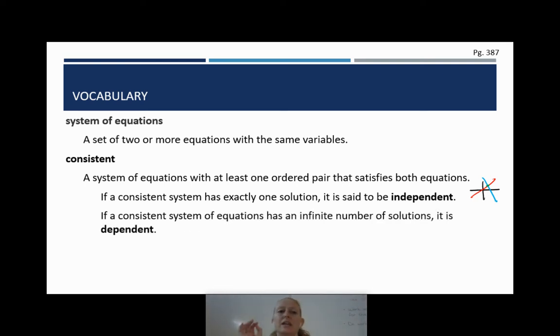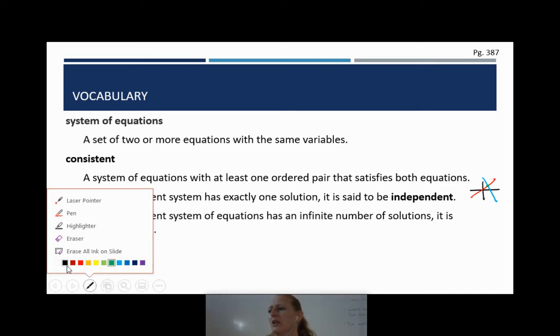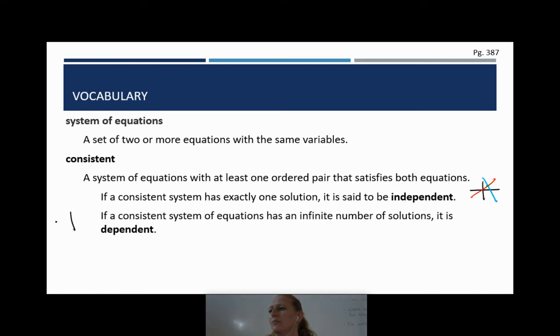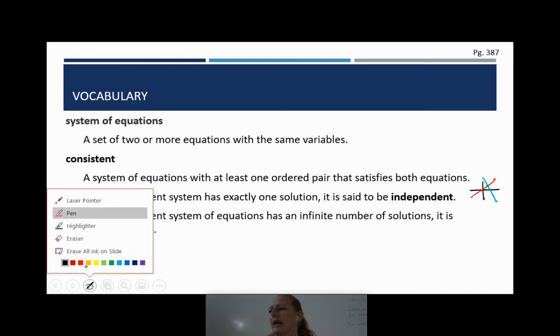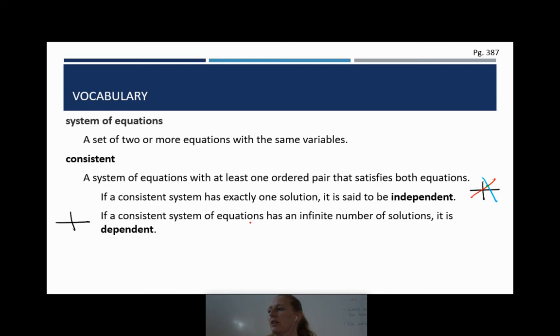However, if a consistent system of equations has an infinite number of solutions, we say that it is dependent. So we get a different situation going on there. Let me draw and show you what I'm thinking. If I have two equations and I graph one of them, and then I graph the other one and whoa, it's right on top of it.